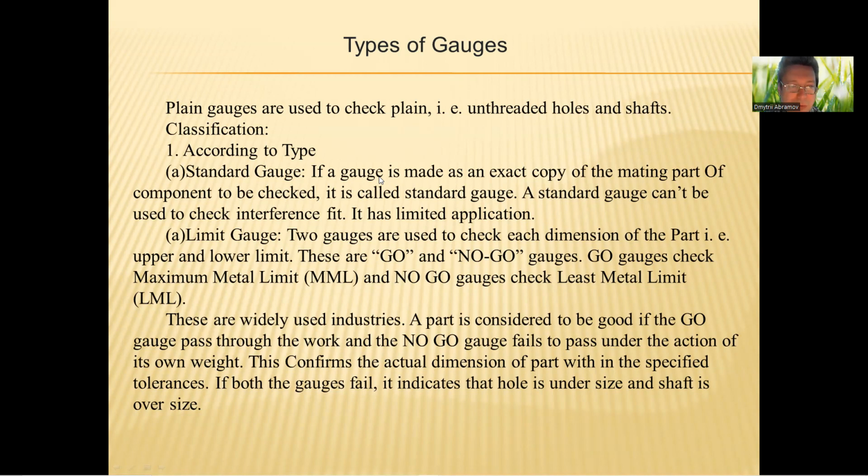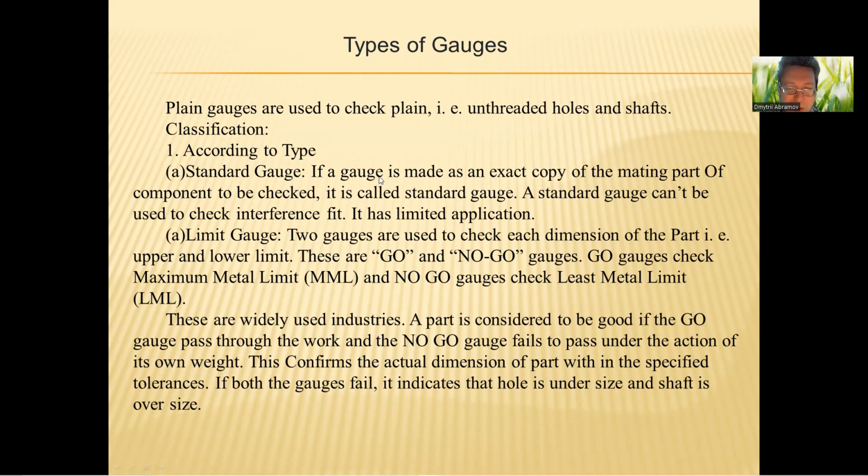Next type of gauges, limit gauges. Two gauges are used to check each dimension of the part, upper and lower limit.